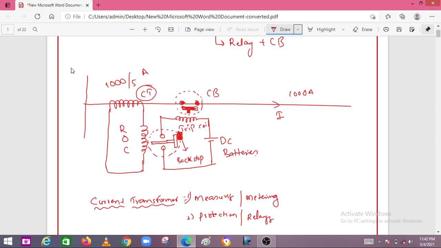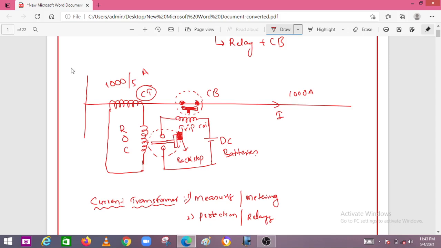Electromagnetic interference will be there, and there may be a magnetic field because of the current flowing through the meters. It is costly, and it is dangerous to operate, because handling 1000 amperes is very dangerous to the person who is operating or measuring the current.